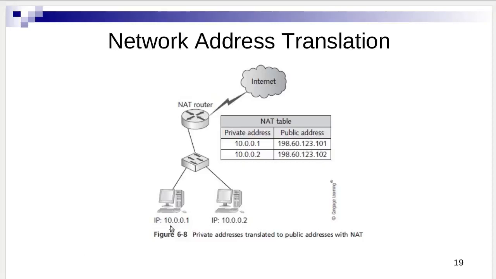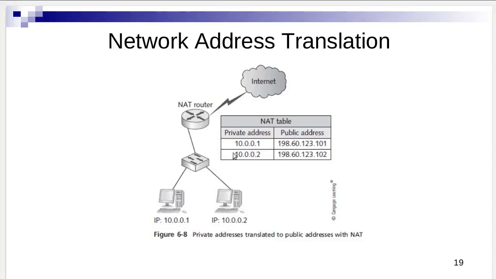In this case 10.0.0.1 and 10.0.0.2, and they're connected to a switch connected to a router which runs NAT and converts the 10.0.0.1 to, in this case, the public IP address 198.60.123.101. In this case, for whatever reason, we are allowed to have multiple public IP addresses. That's not always the case. We usually have just one.